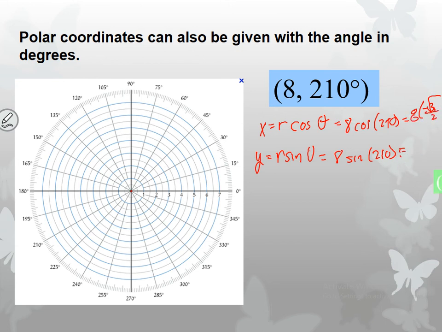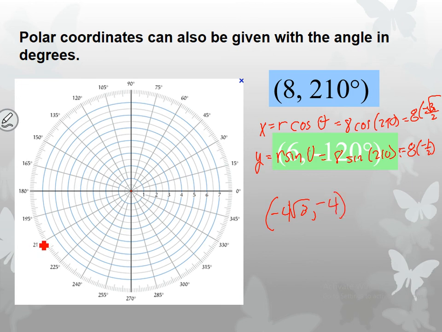And what is the sine of 210? Negative 1/2. So we got 8 times negative 1/2. So I get then my x value. If I multiply this out, it gives me negative 4 root 3, right? And then my y value, multiply that out, gives me negative 4.